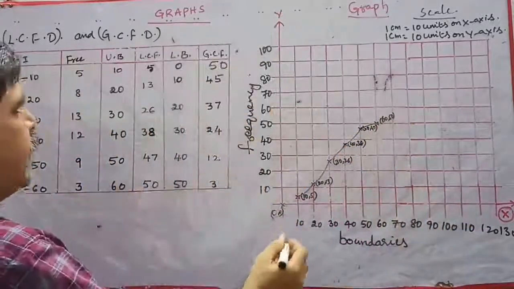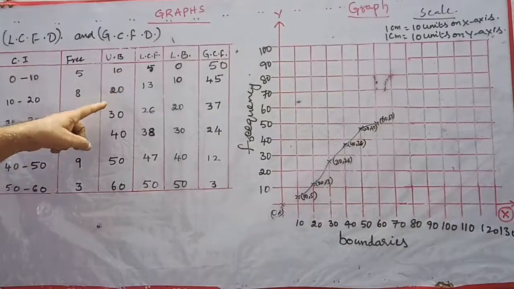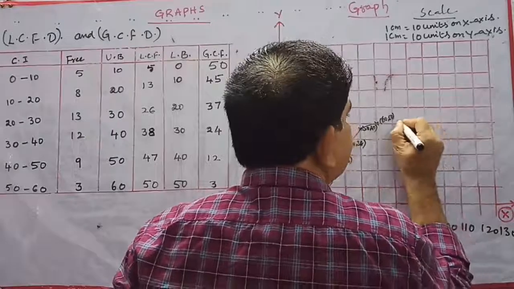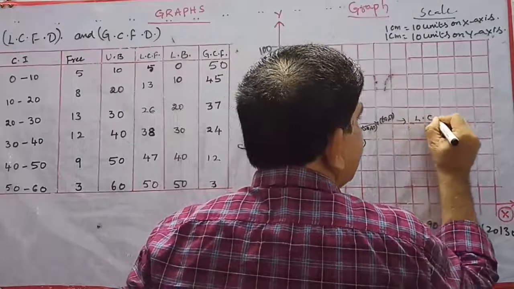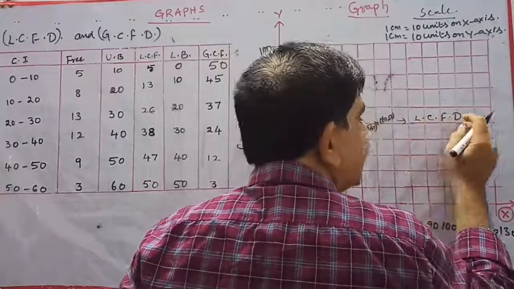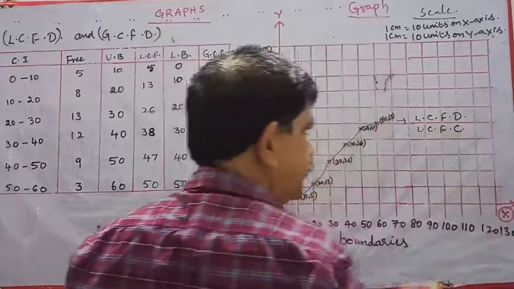So this is the less than cumulative frequency curve, from the LCFD, the less than cumulative frequency distribution.